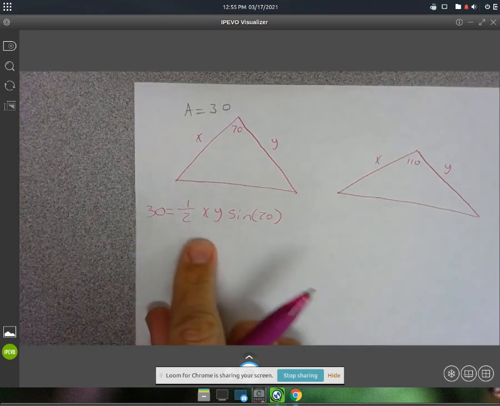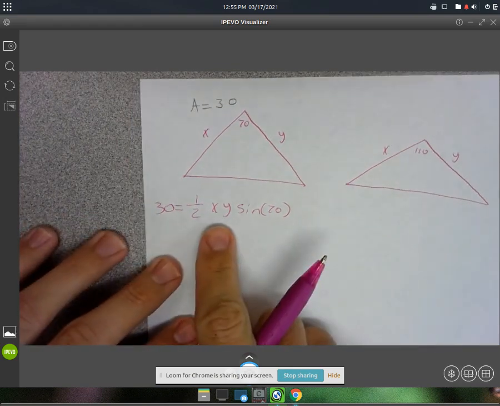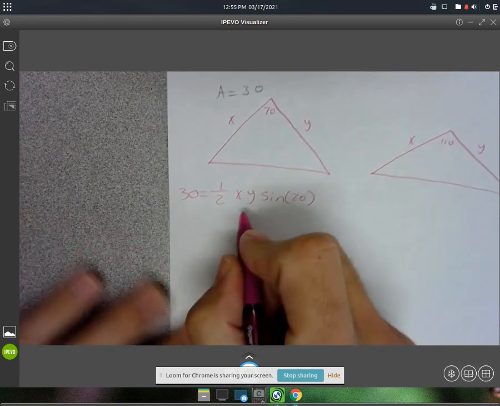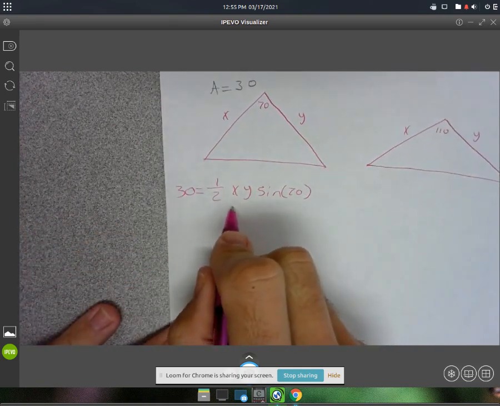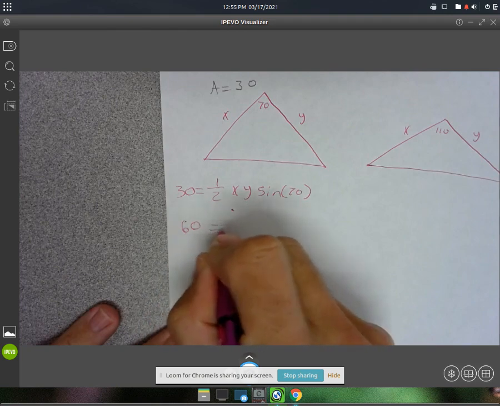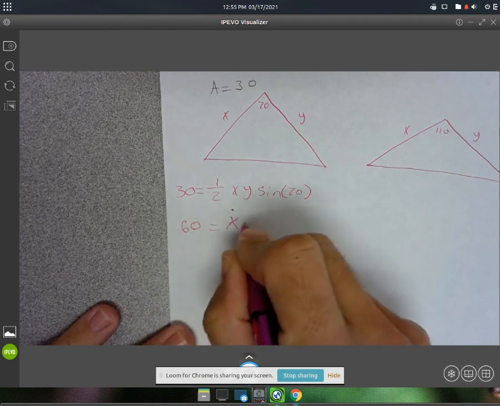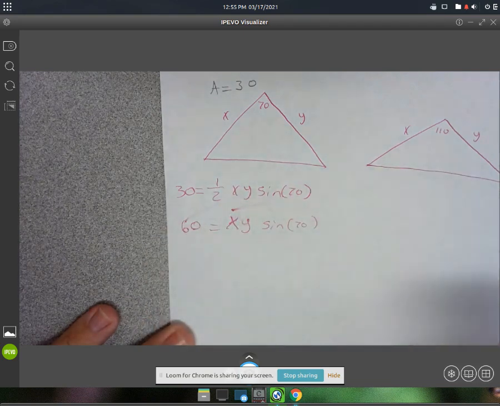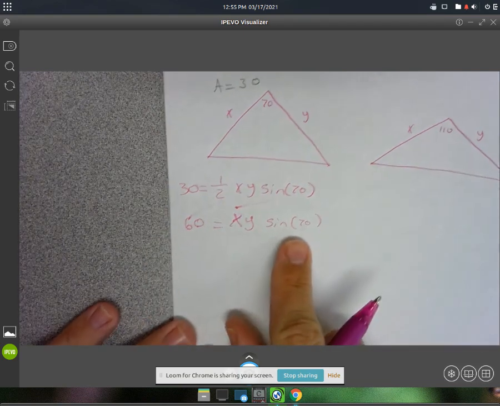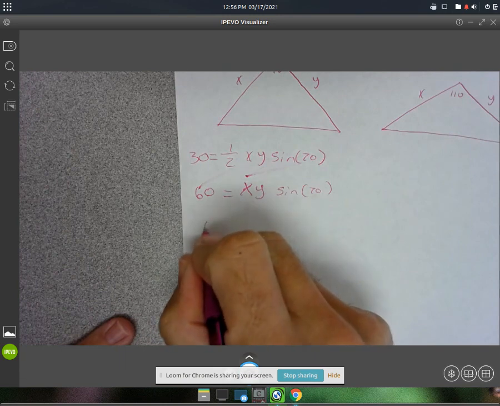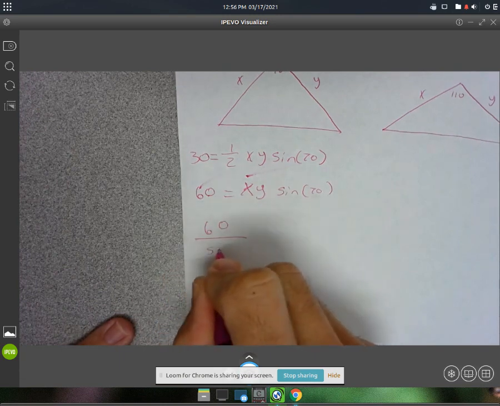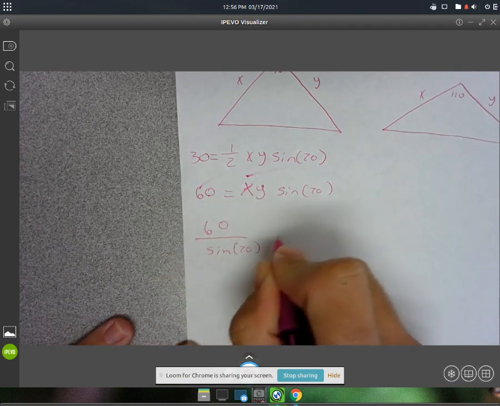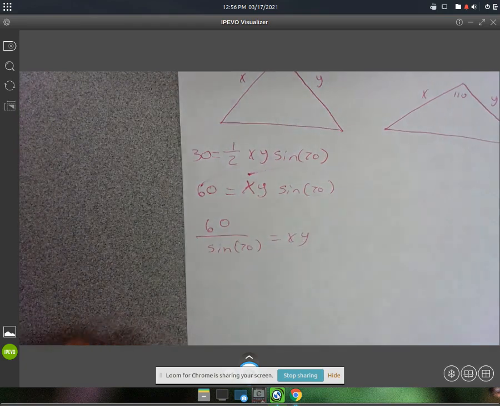Now, I'm going to solve for xy. I'll multiply by 2, so I get 60 is equal to xy sine of 70. And then I'm going to divide by the sine of 70, so I get 60 divided by the sine of 70 is equal to xy.